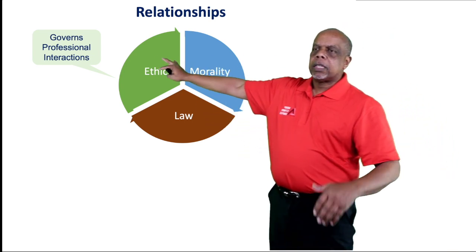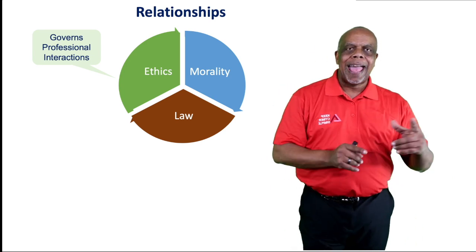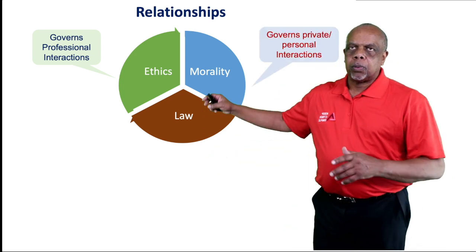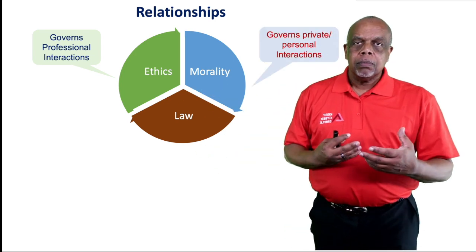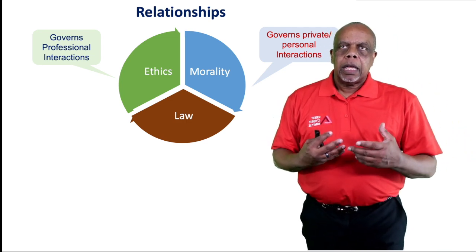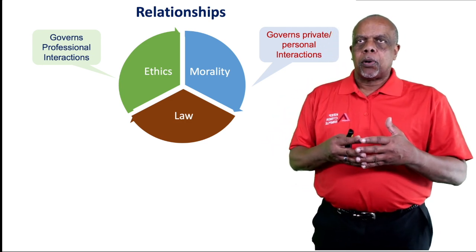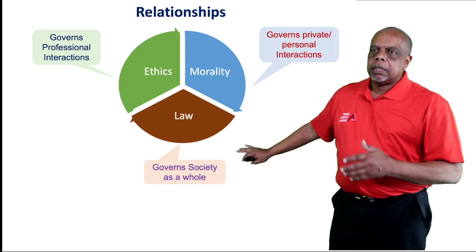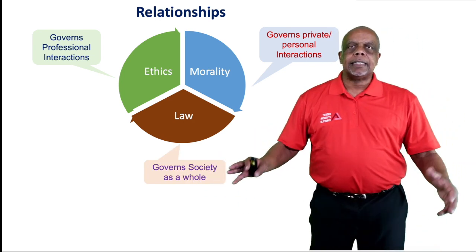Either way, ethics has to do with professional interactions. Now, morality deals with private or personal interactions, your individual morals, your standards of living. It's really more private, more personal interaction. And law governs societies as a whole.